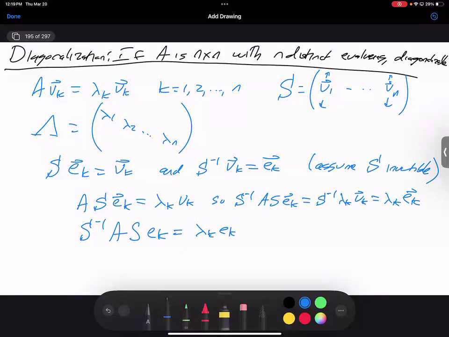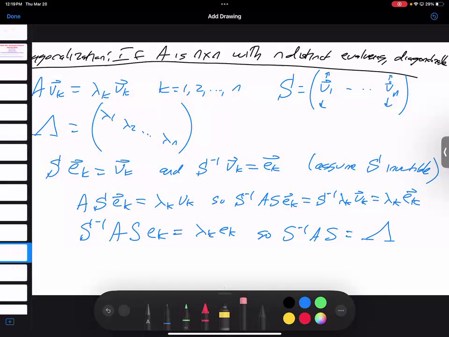That gives us the kth column of this matrix, so S inverse AS is just the matrix Lambda. So if we have n distinct eigenvalues, we can diagonalize, assuming that the matrix S is invertible.